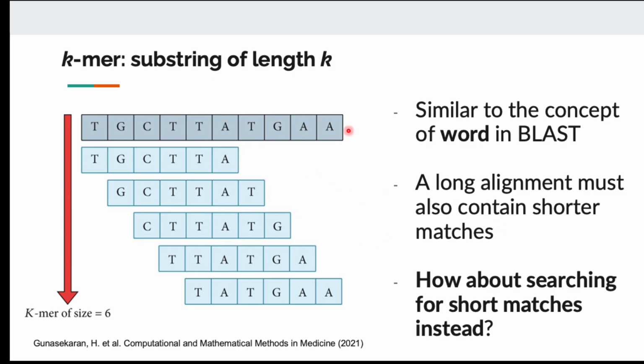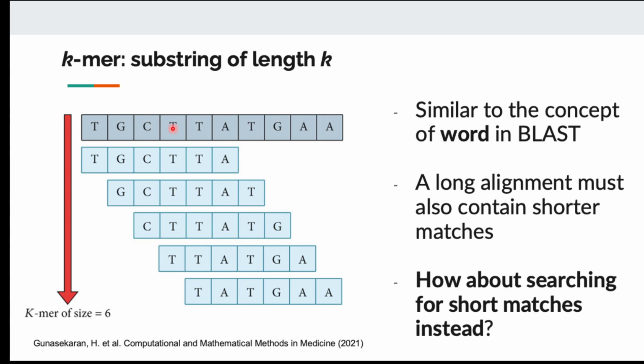And the idea is, if this ribosomal RNA sequence is going to match some RNA in the database, then a shorter segment, like maybe a 6-mer, 6 nucleotides from this sequence, is also going to match. If the whole sequence matches, the shorter part also has to match.